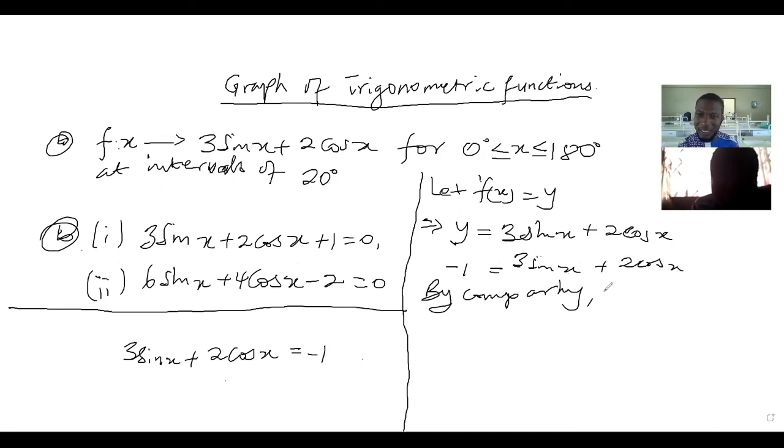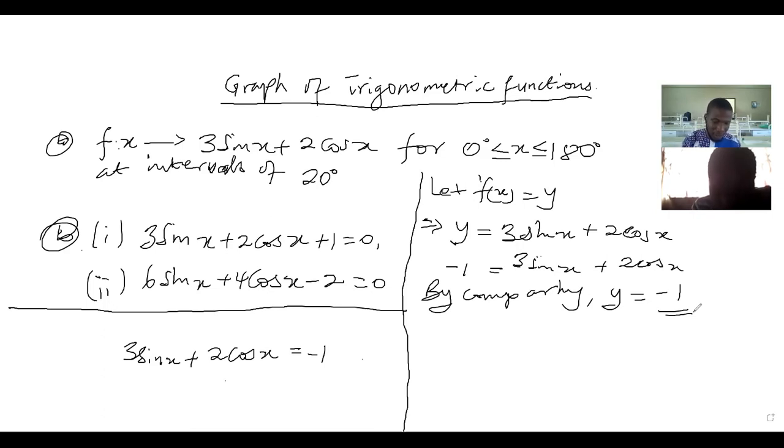The two of them will be the same only if y is equal to -1. Is that not so? Yes, sir. So by solution, that is what we get for our answer.